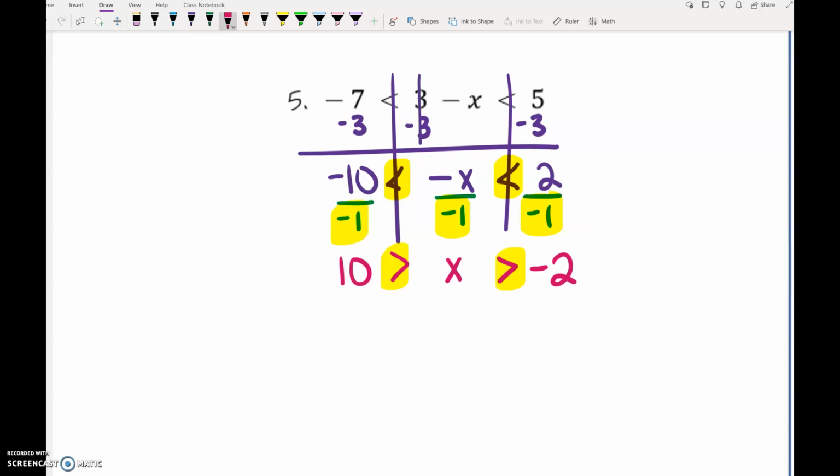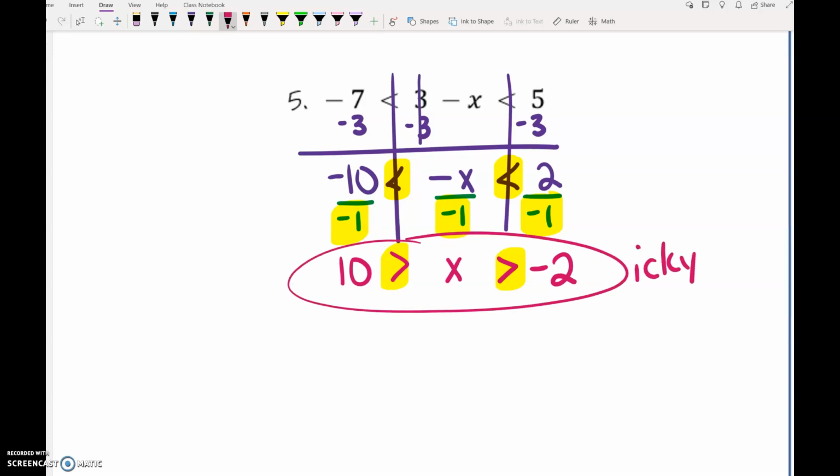Now, before you graph this though, this is icky. You don't want to write your answer like that. It's not mathematically good. You always want the smaller number, and then you want less than symbols, and then you want the bigger number. You always want it to be just like it is on the number line, the smaller number on the left, the bigger number on the right.